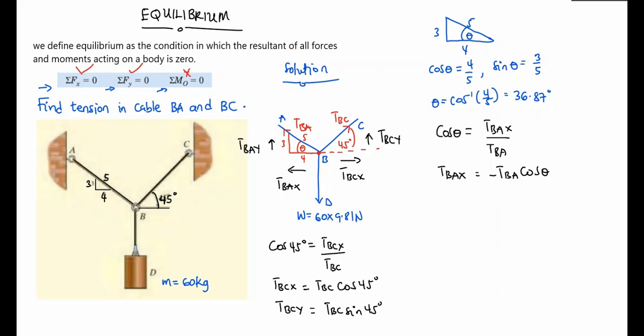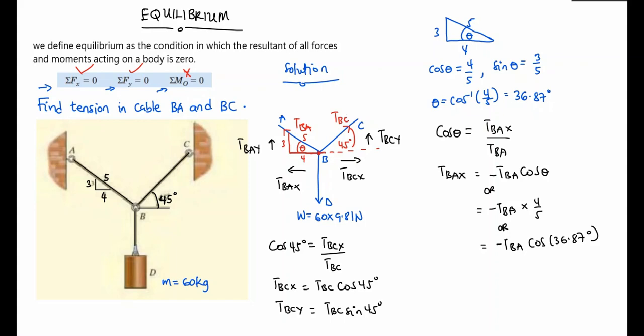So you are going to have, we can write this as minus TBA multiplying 4 on 5, because cosine of theta is equal to 4 on 5. Or you're going to have minus TBA cosine of 36.87 degrees.